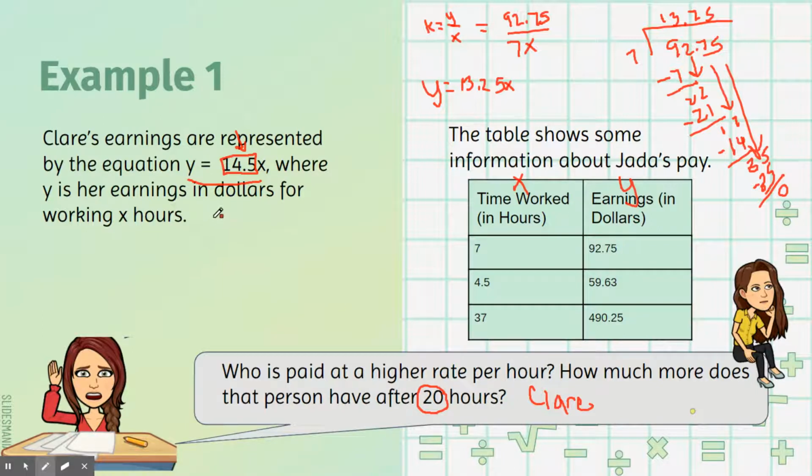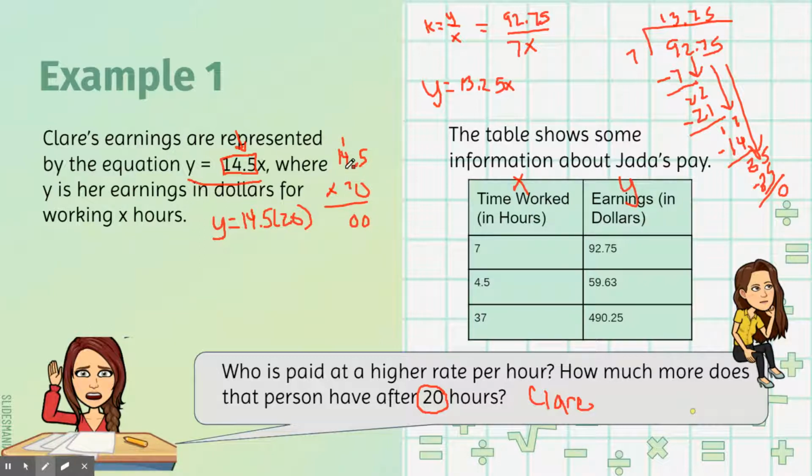In order to calculate this, I'm going to plug in the 20 for X, because that's the amount of hours that they've worked. So I'm going to do Y equals 14.5 times 20 to figure out how much Claire earned. 0 times 5 is 0. 0 times the rest is going to be 0, so I'm just going to leave my 0 there. 2 times 5 is 10.